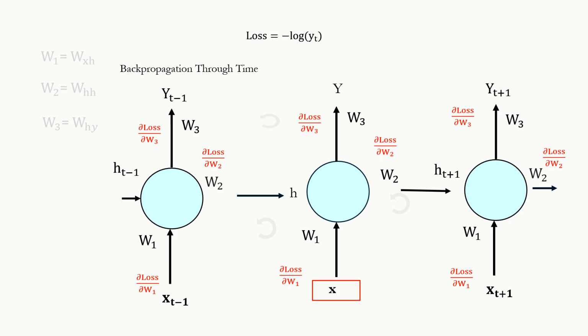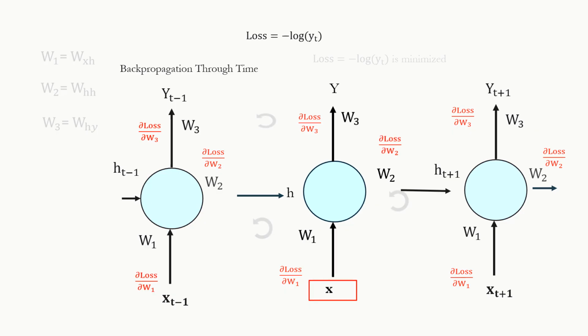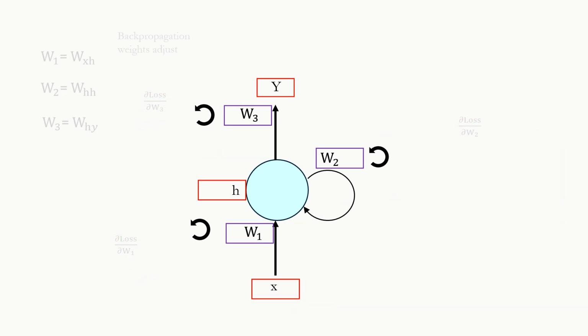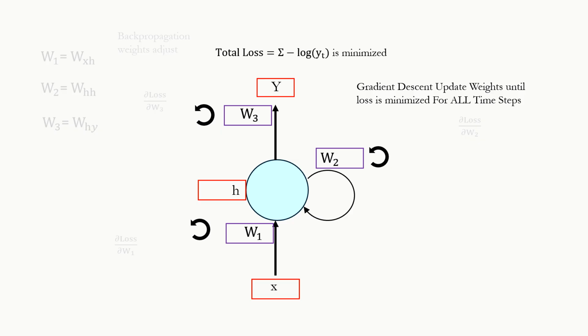And here's the loss of negative log of yt, which we're trying to minimize. And this generalizes to xt-1 and xt+1. So gradient descent also updates weights until loss is minimized for all time steps. Okay. And again, I'm going to reiterate, it could generalize to xt-1 and xt+1. So the total loss, the sum of negative log yt, is minimized.